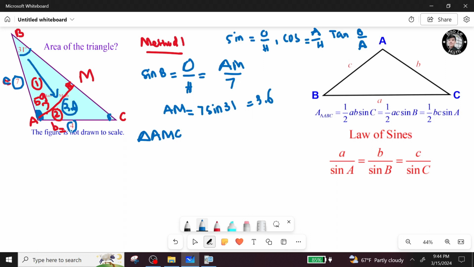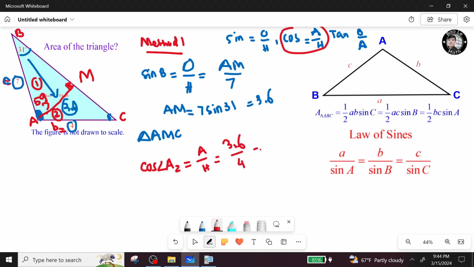And this is the hypotenuse, equal to 4. Adjacent and hypotenuse, so I need to use cosine. So cosine of angle A2 equals adjacent over hypotenuse. Adjacent equals 3.6, hypotenuse equals 4.